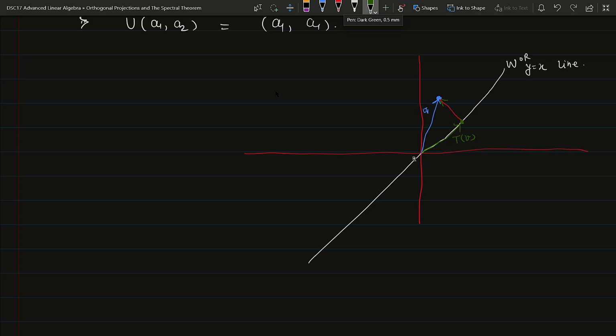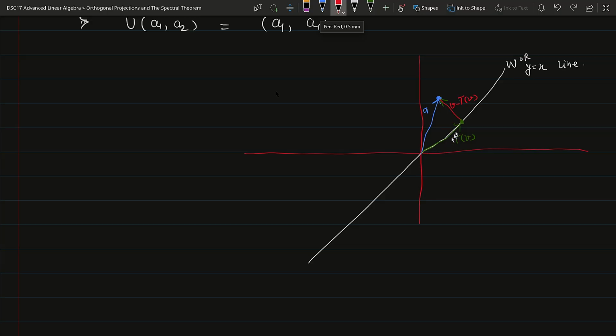So we have origin to TV, then TV to V, and then we have 0 to V. So we can apply the triangle inequality. So what about this red line? This red line will be V minus T of V. I hope you understood this. So this is the T operator.